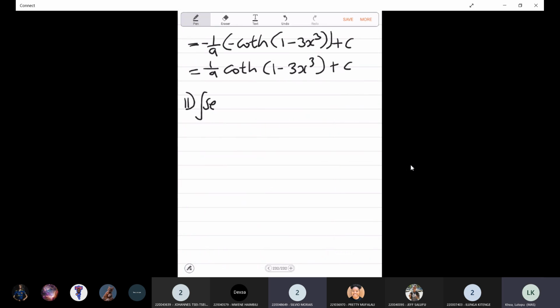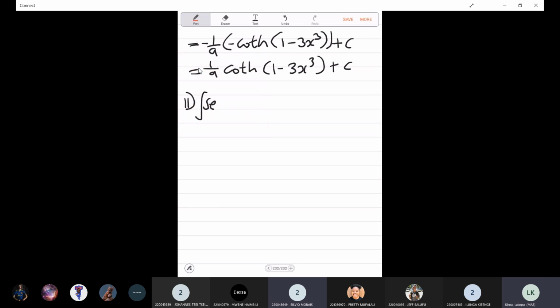Listen, you're saying the integral of cosec is negative. Try differentiating this one and see if you get a different answer, and then try yours where you put a negative. What are you saying the final answer should be? There should be a negative here? Yes, a negative there.